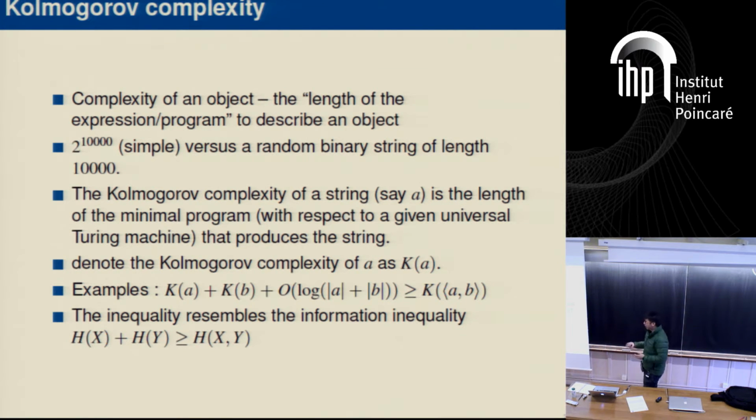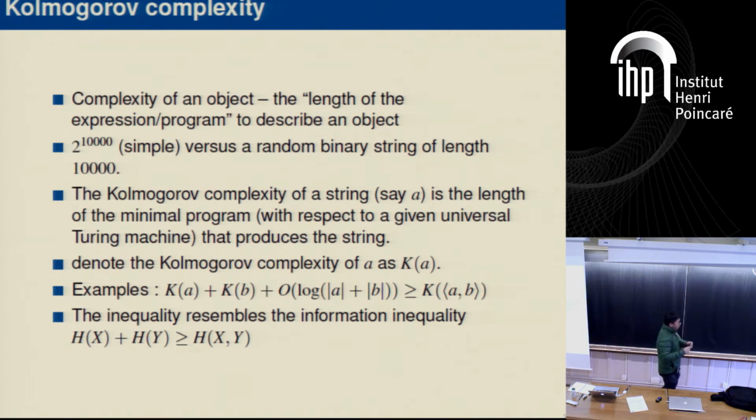Technically, you can think about it this way. The Kolmogorov complexity of a string is the length of the program that is needed to generate that string. For example, you may have a Turing machine, and you plug in an input, or a program that will print out the string.